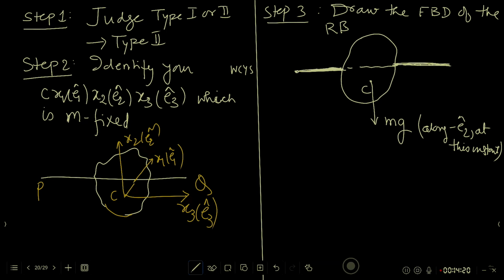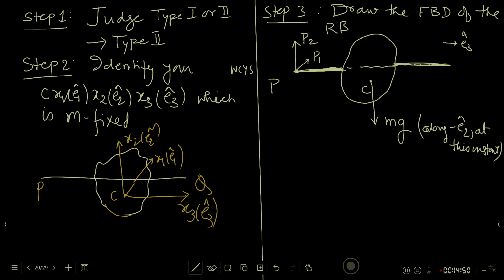At P, I have been said that the support is such that it cannot generate any torque. So I will not put any torque at P, any reaction torque. I have been told that at P forces can be generated, but they do not have any component along E3 direction. This is the E3 direction. So it means I am going to put P1 and P2.